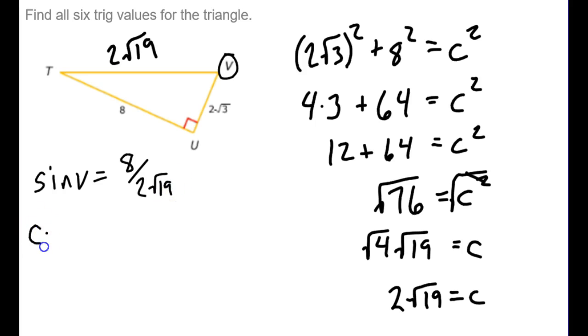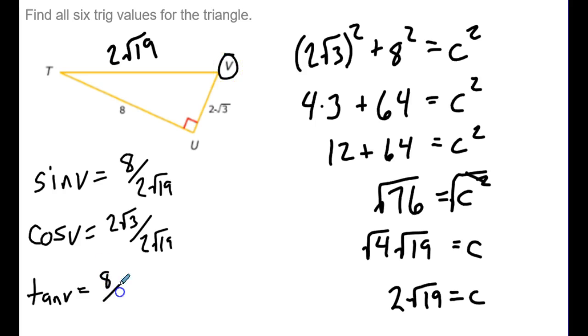The cosine of V is going to be equal to the adjacent over the hypotenuse. So 2 radical 3 over 2 radical 19. And now the tangent of V is equal to the opposite over the adjacent, 8 over 2 radical 3.